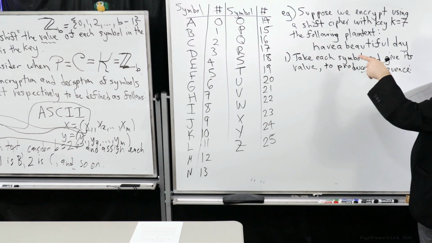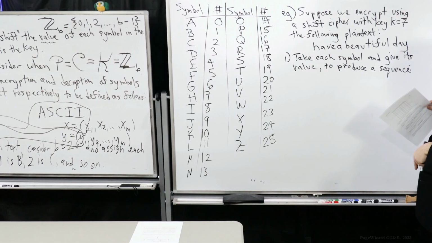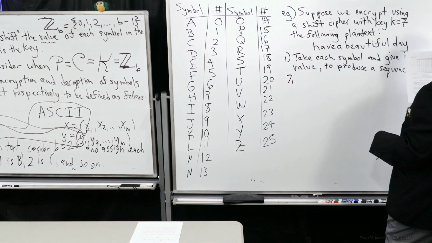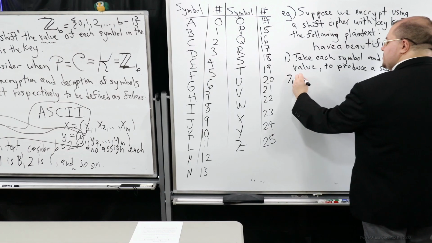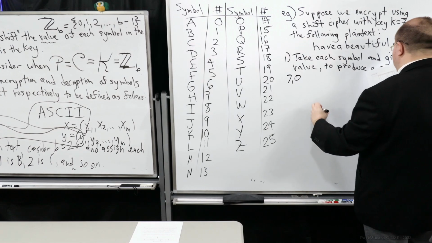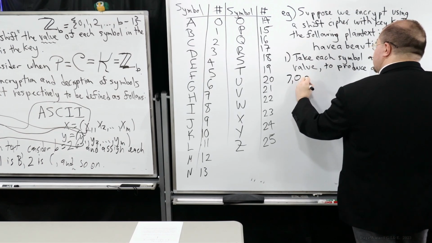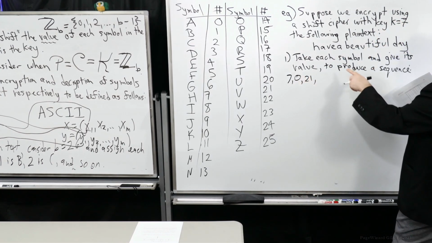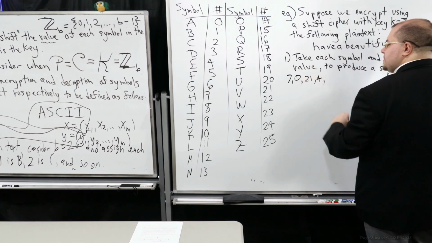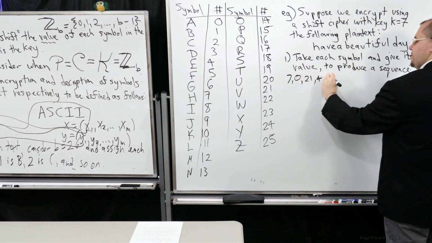So if we look at our table over there, the first, we have H. H is 7. A is 0, right? V is 21. Let's see, we got E. E is 4. A is 0, right?